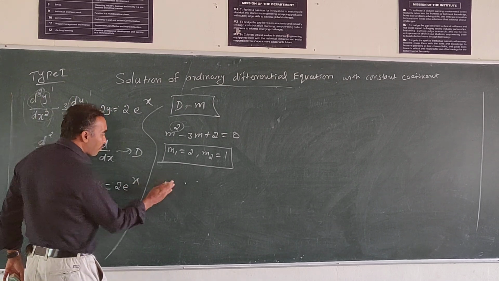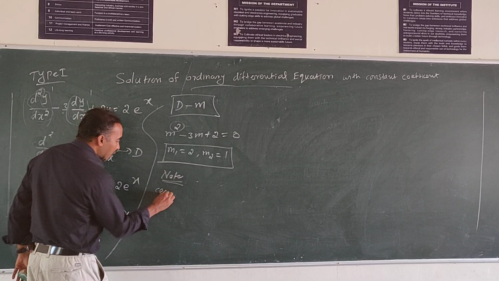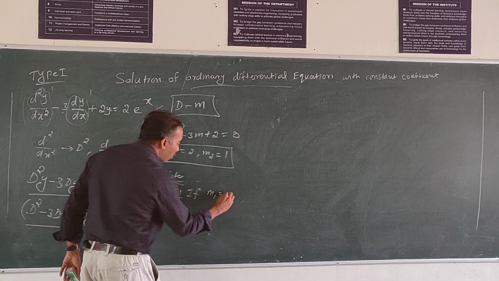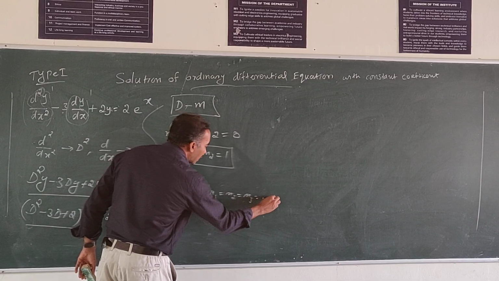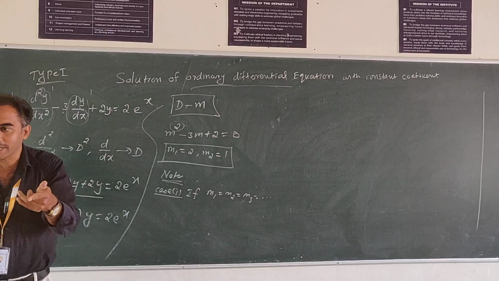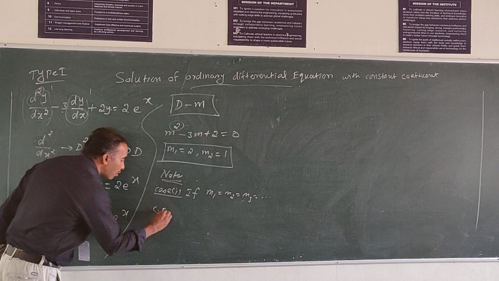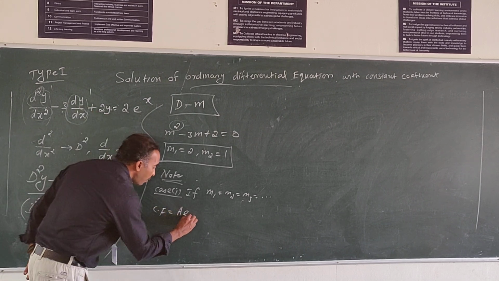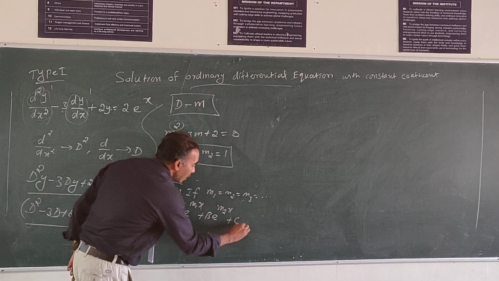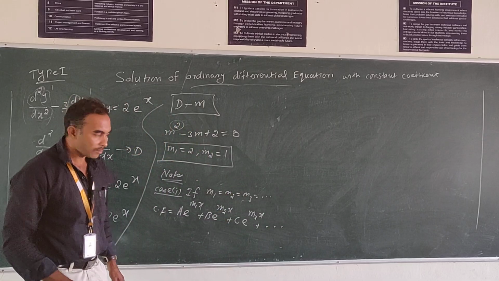So for the complementary function, you have to write a note. Case 1: if roots are different, m1, m2, m3 and so on. Here there are only 2 roots, but 3 roots or 4 roots may come. If all the roots are different, then the complementary function equals a e power m1x plus b e power m2x plus c e power m3x plus etc. This is case 1.